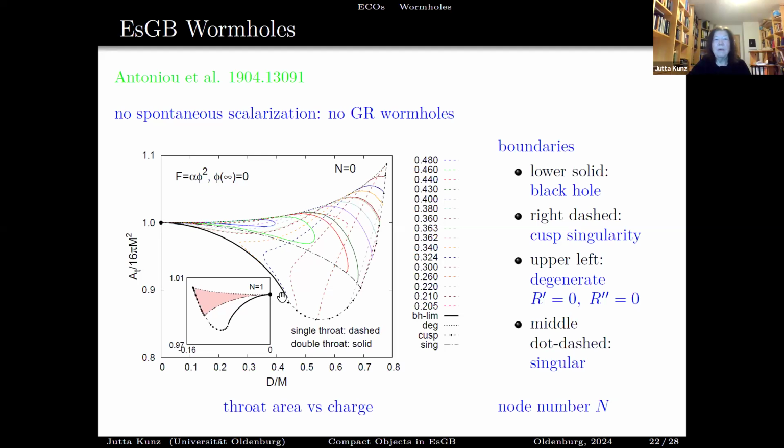This is the black hole boundary, and this is the boundary where we get some curvature, some cusp singularity.